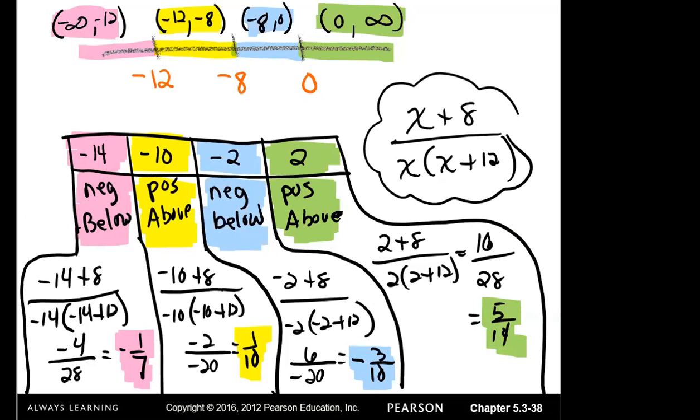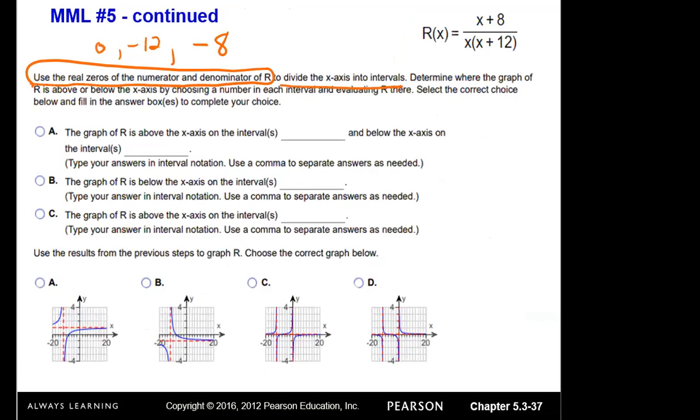So when I go back to the slide that gives me my multiple choice choices, I know some of it's above and some of it's below. Choice B only allows for below, and choice C only allows for above.